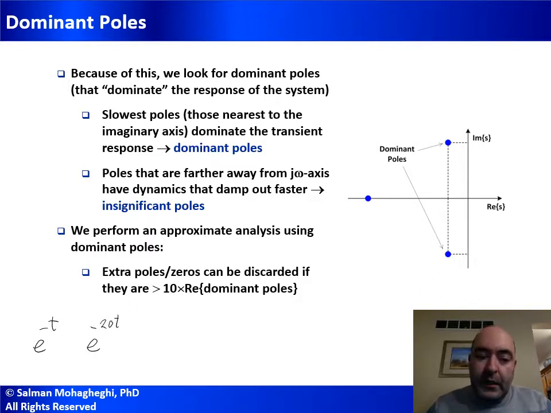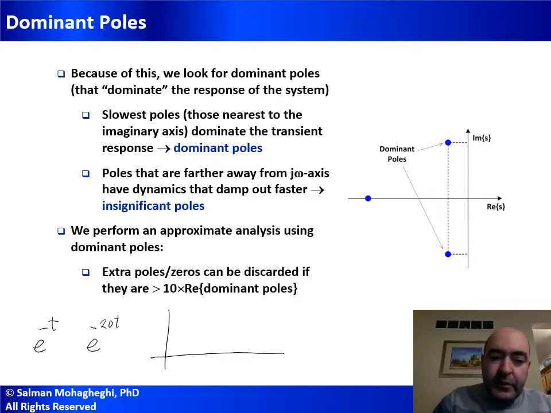Of course, each of these might have their own coefficients, and we're not going to be talking about that for now. So let's assume both of them have a coefficient of 1. So it's e to the power of -t plus e to the power of -20t. If I want to plot both of these with respect to one another, let's say e to the power of -t will decay something like this, exponentially and kind of slowly to 0.